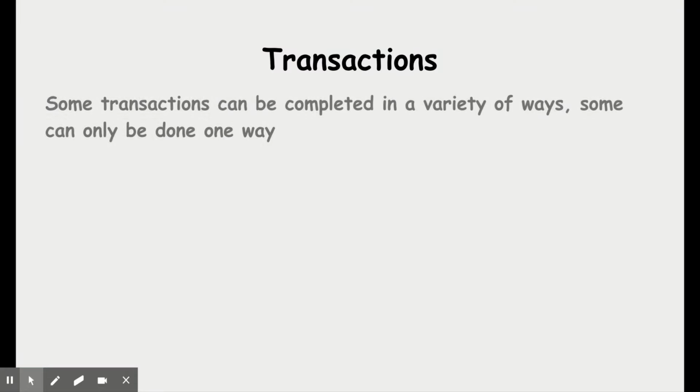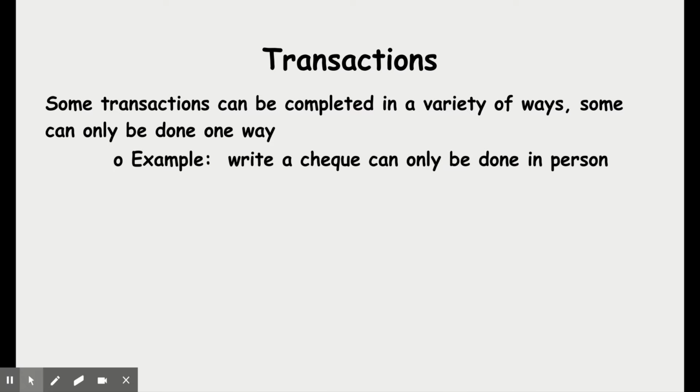So transactions. Some transactions can be completed in a variety of ways. Some can only be done one way. For example, if we write a check, this can only be done in person.